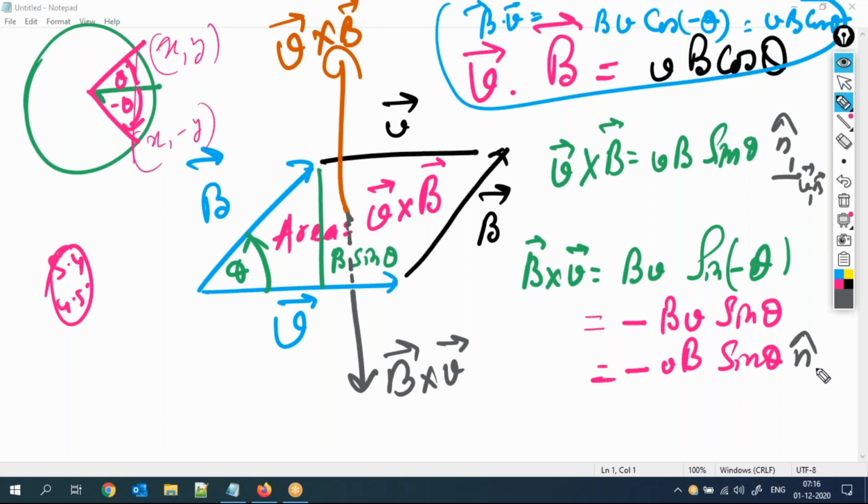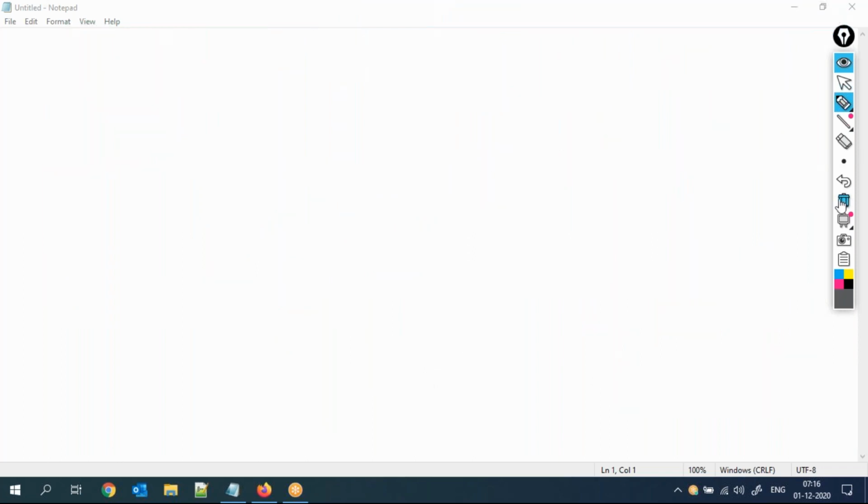And n perpendicular to V and B both. Are we clear? And remember the minus sign. So let us try to understand. You will see in the books the right hand thumb rule. I don't use the right hand thumb rule. So I use like this.